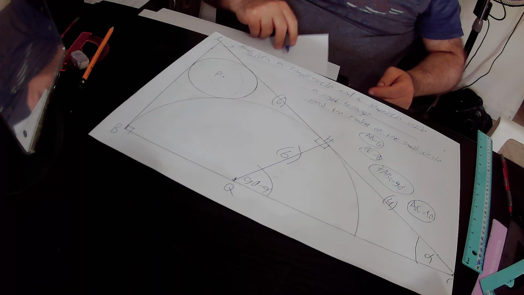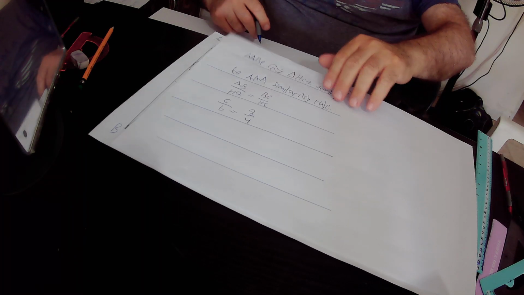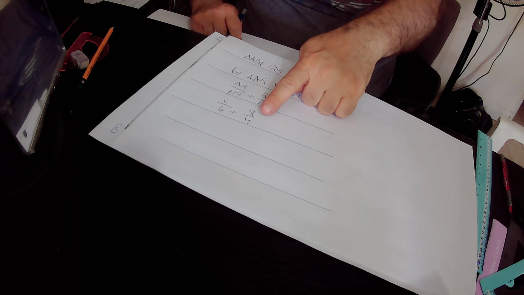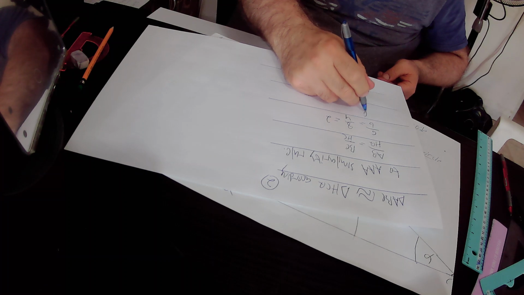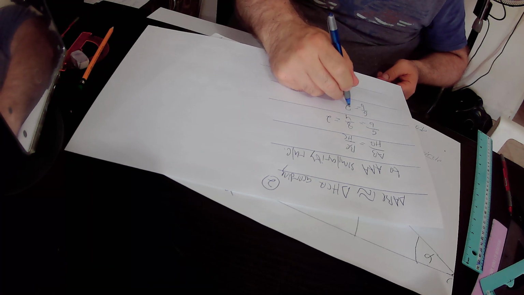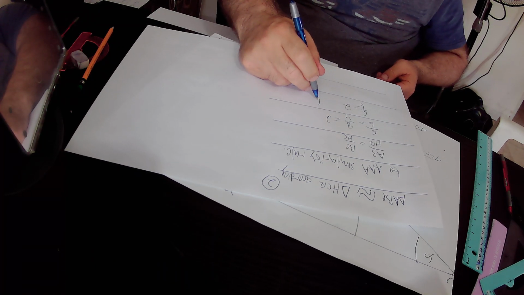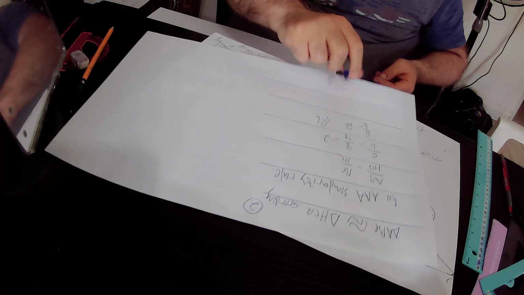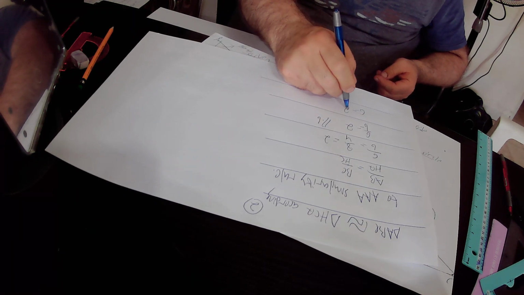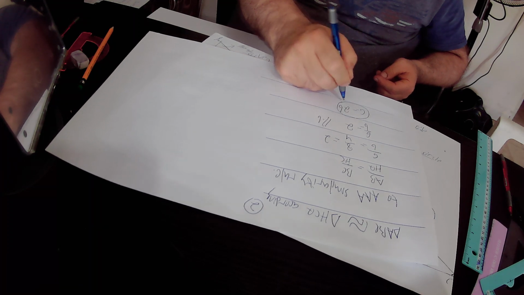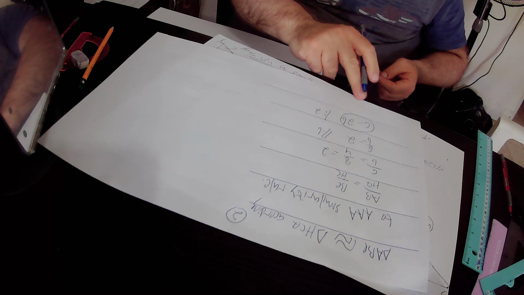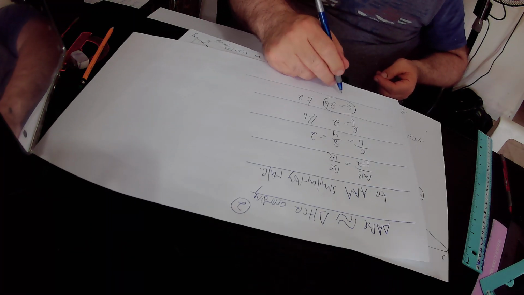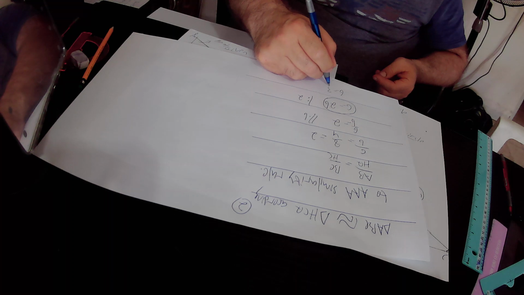So in conclusion, we found out that 6 over B equals 8 over 4. 8 over 4 is 2. So 6 over B equals 2. We multiply this equation by B, and we get that 6 equals 2B. We divide this equation by 2, and finally we get that the radius of the semicircle B equals 6 over 2, that is 3.